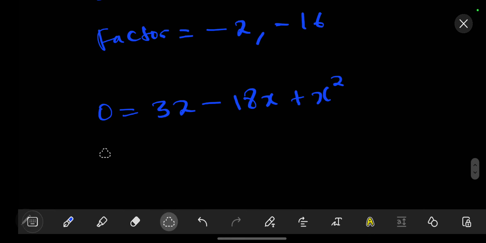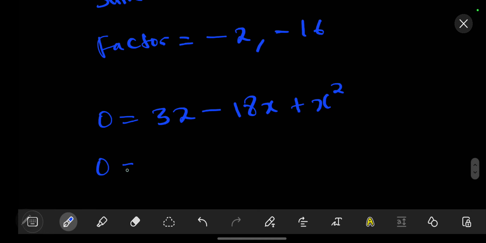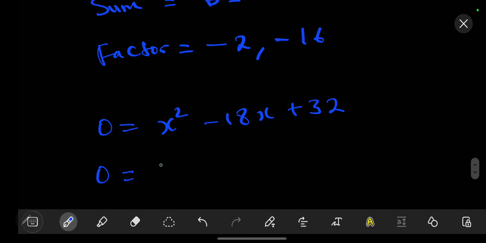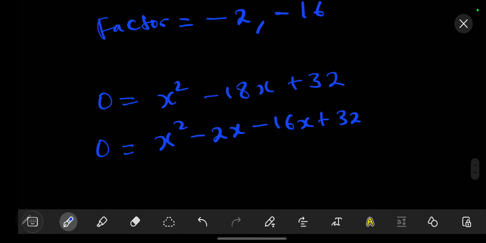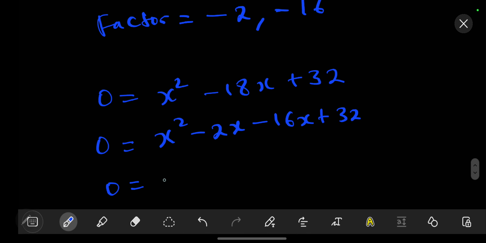So that is what we have. So we are going to just replace. So we have 0 should be equal to, not this equation. So just replacing, we have x squared, where there is 18, it can be written as negative 2x minus 16x plus our 32. So we are going to get 0 should be equal to, x is common, open brackets.